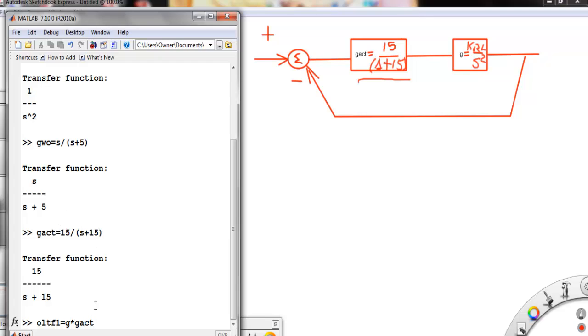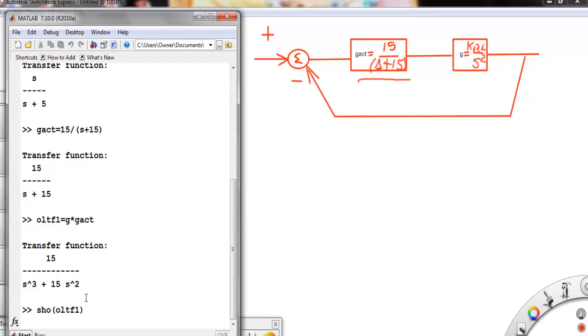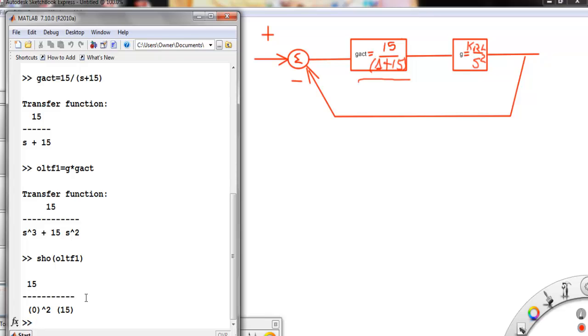So my first open loop transfer function is G times the actuator. I'm leaving the washout out right now. So if I were to show my OLTF1, which is just the actuator, I get 15 over S squared times S plus 15. So what happens when I close the loop on that?